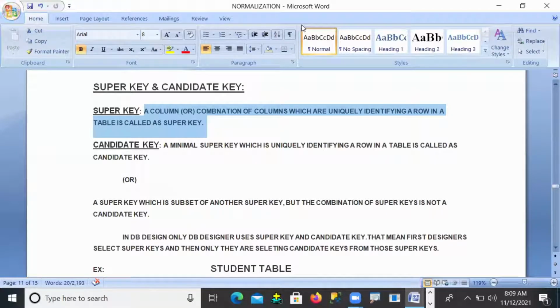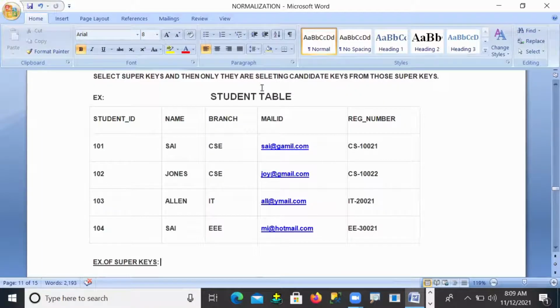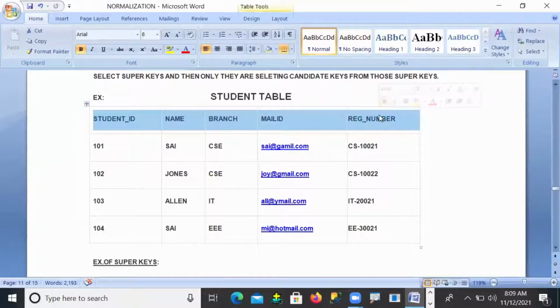For example, let us see. There is a student table, guys. In the student table, we have some columns: student ID, student name, branch, mail ID, and registration number.